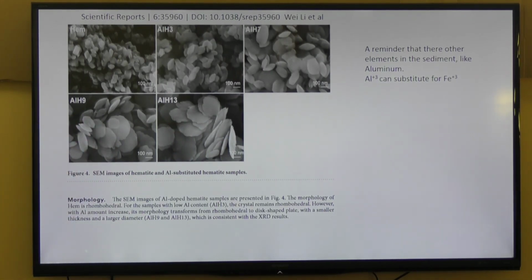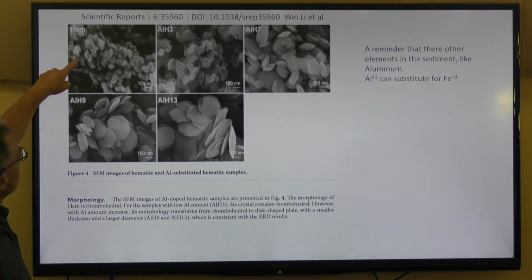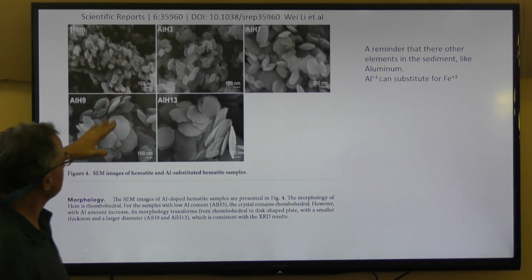So in geology, it's like doing a chemistry experiment where you can't separate things. Everything's there. Everything's happening with each other. So you have aluminum, titanium, manganese, all kinds of stuff swirling around out there, right? And what was interesting to me is as the aluminum increases, this hematite crystal changes from these raw octahedrons to these flakes here.